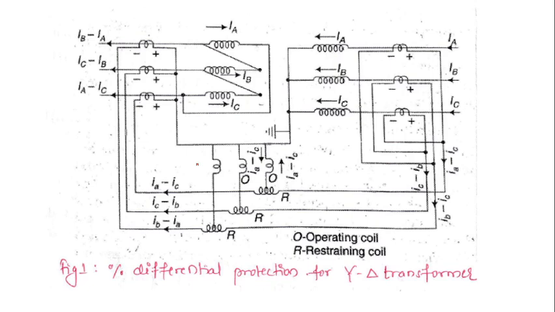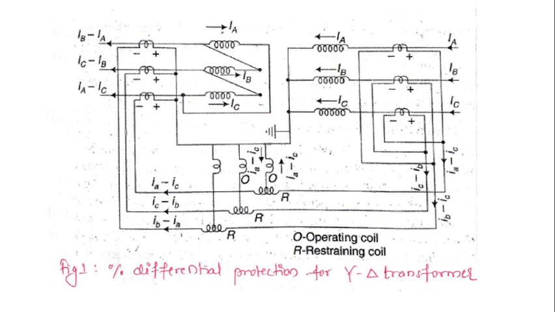So this is a diagram which shows the percentage differential protection for the star delta transformer. Here, as you can see, the polarities of the CTs are shown for one particular instant. Both the CTs are of the same polarity, as you can observe. The current flows through these windings, this is a delta connection and this is a star connection.